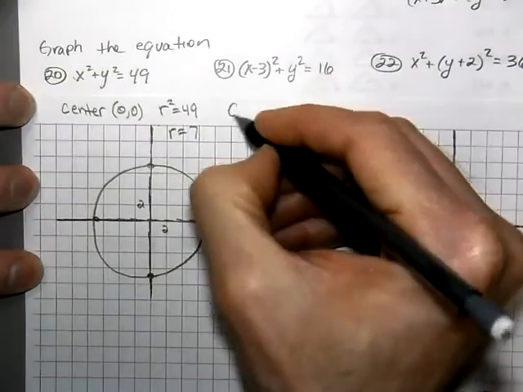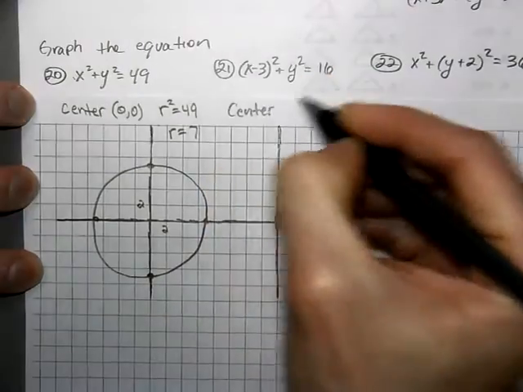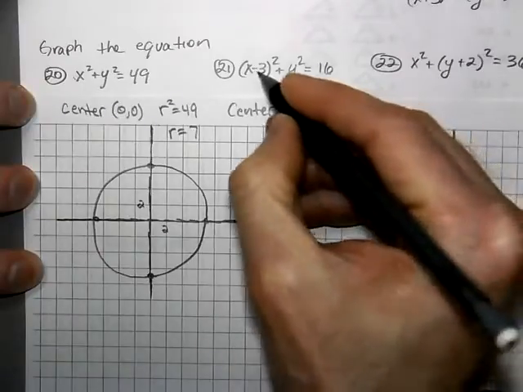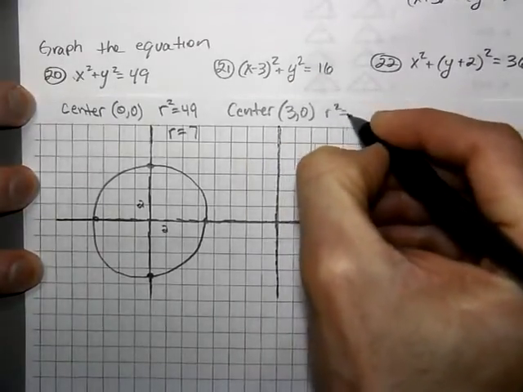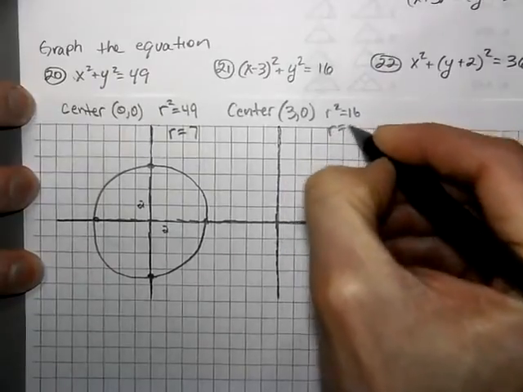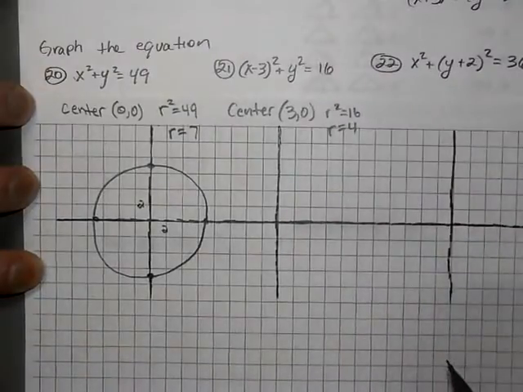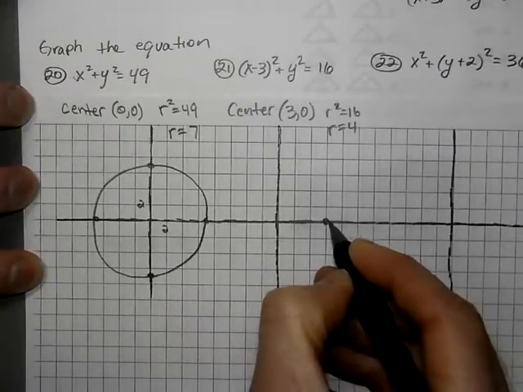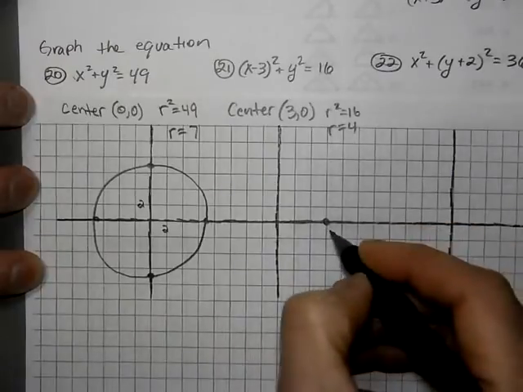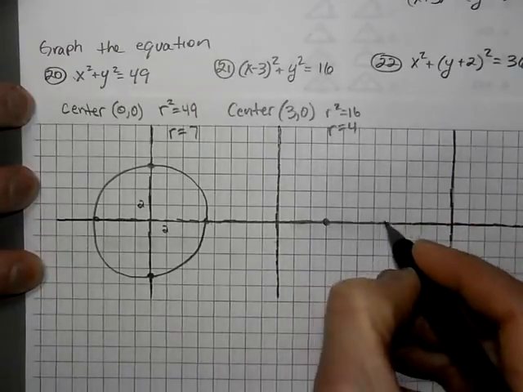Here we have a center at 3, 0. R squared equals 16, so the radius is going to be 4. So 3, 0 is our center. Our radius is 4.